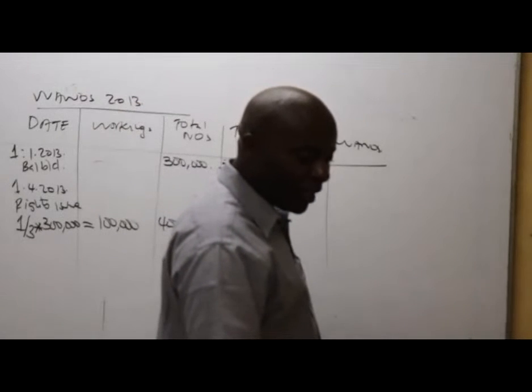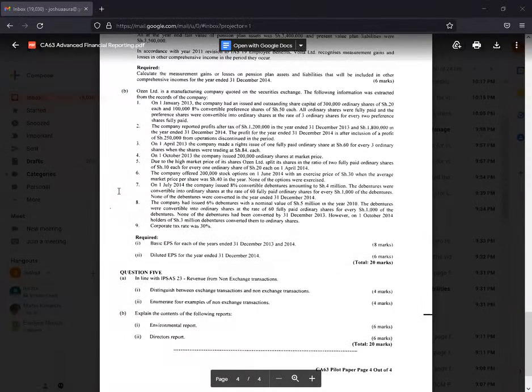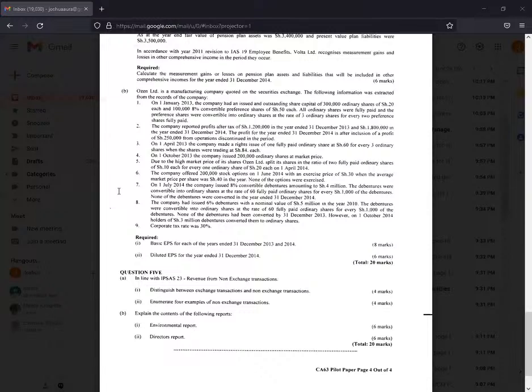Okay, let's continue first to see whether we have any other transaction in 2013. Do we have any other transaction in 2013? On 1st October, look at this. On 1st October 2013, the company issued 200,000 ordinary shares at market price. I love this. It's a 2013 transaction on 1st October.